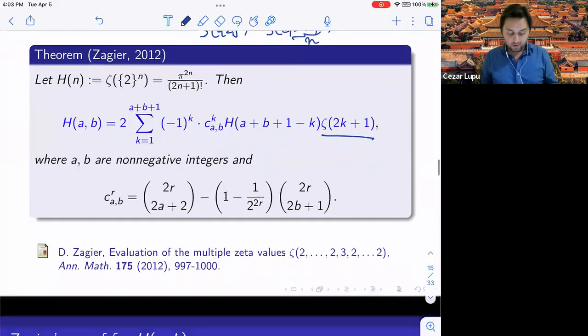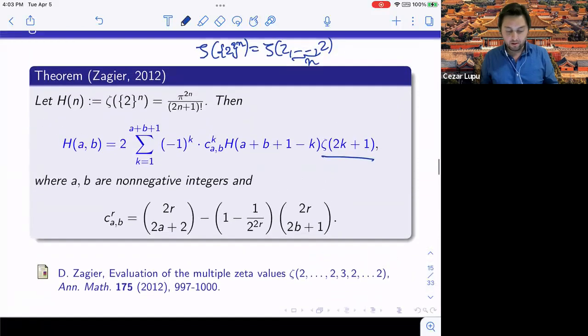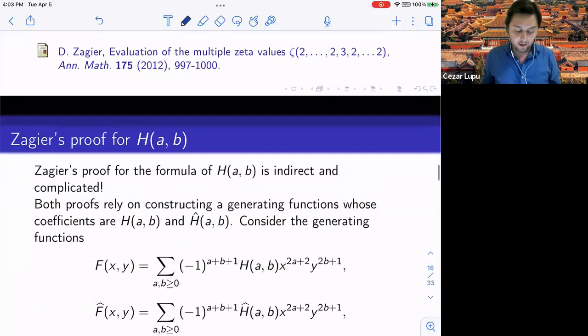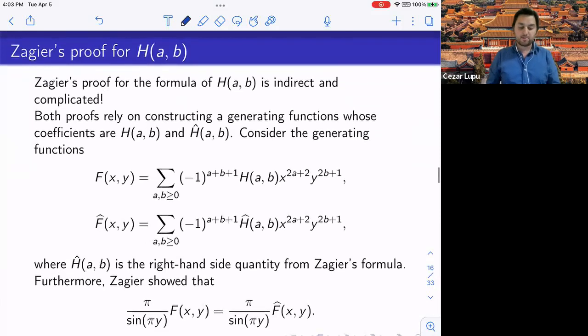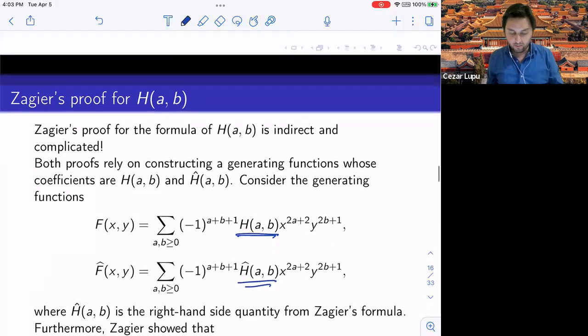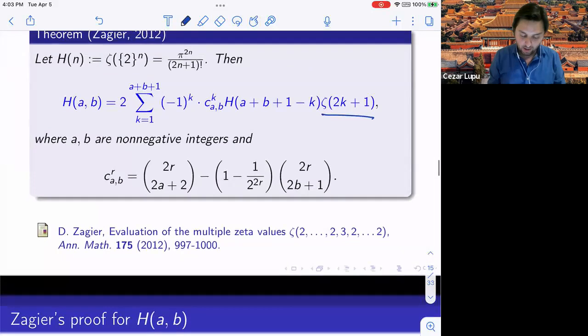Anyway, maybe I'll just say a few words about Zagier's proof. Zagier's proof for the formula of HAB is indirect and very complicated. Basically, he constructs two generating functions. The first generating function has the HAB coefficient, and the second generating function has this H hat AB, which H hat is nothing else than this guy right here.